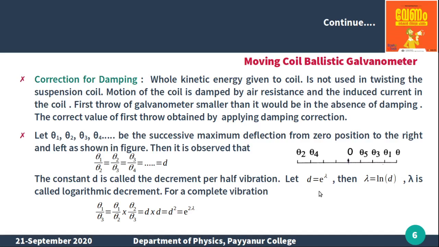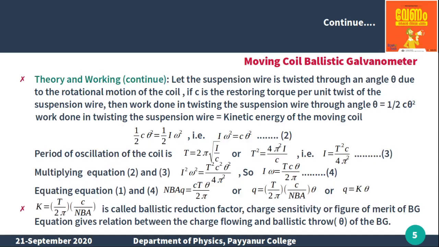Actually, the first throw of the galvanometer, which we call θ, will be smaller than it would be in the absence of damping. We got θ thinking there is no damping, but this θ will be less than what we get in the ideal case. So we have to modify this θ.